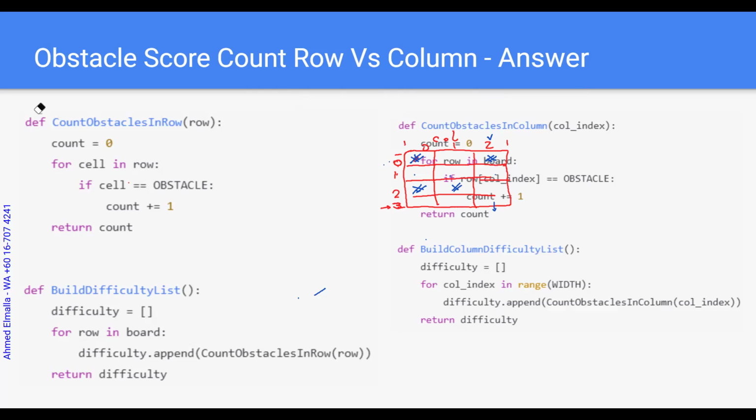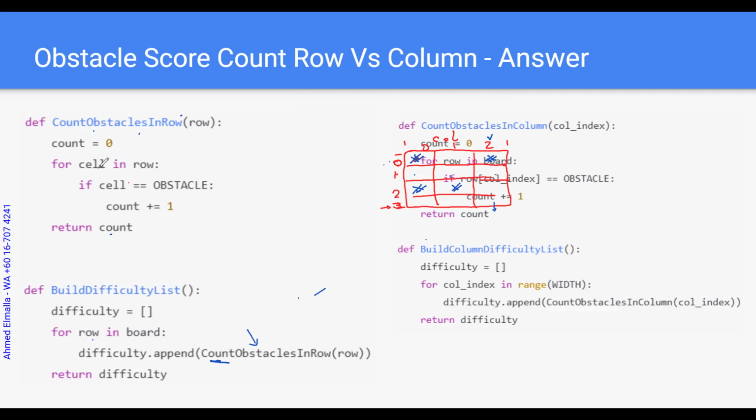So, okay, here, this is just a helper function. And every time we go through a single row, we will call that function, which is inside the append. And this is just to write it in a compact way. So what we need to insert to append is the number returned by this method. This method will return the count, how many obstacles in a single row.